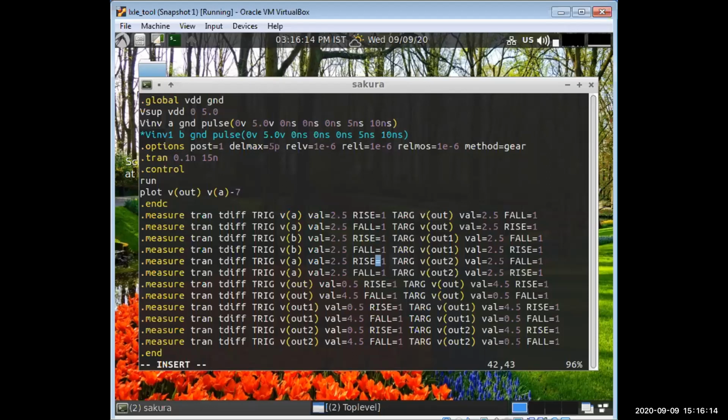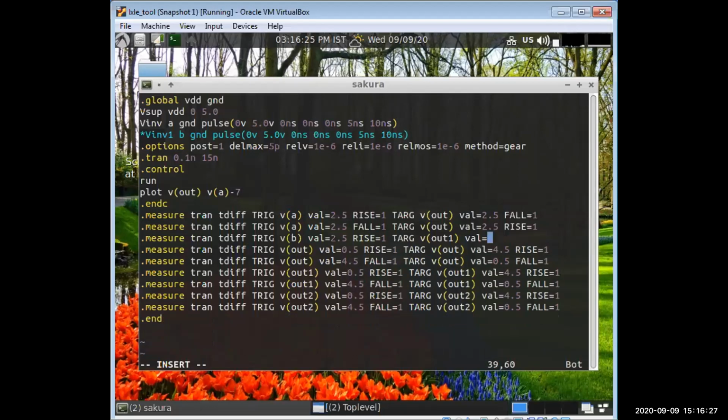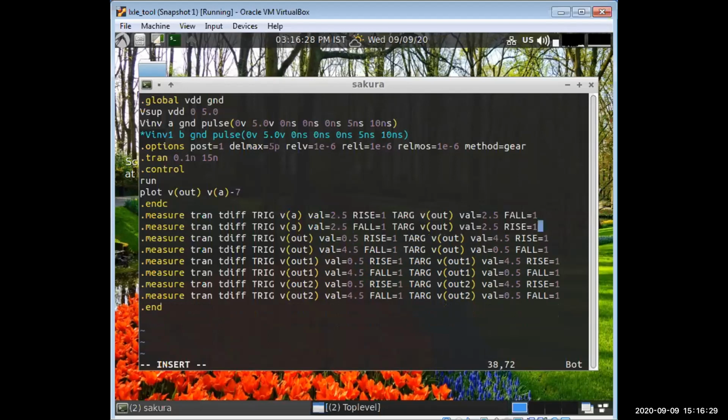Then let's move this because I am not giving all this voltage now, so remove this. Then this is for the rise one.